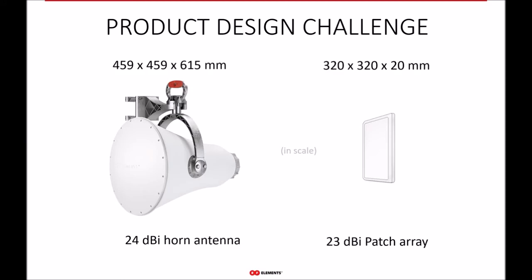Comparing a point-to-point horn with a point-to-point patch array antenna of similar gain, the difference in cross-section is around 30 centimeters, which might not seem like much at first glance, but mind you, these two images are in scale. So this is a real-life size comparison, let's say.